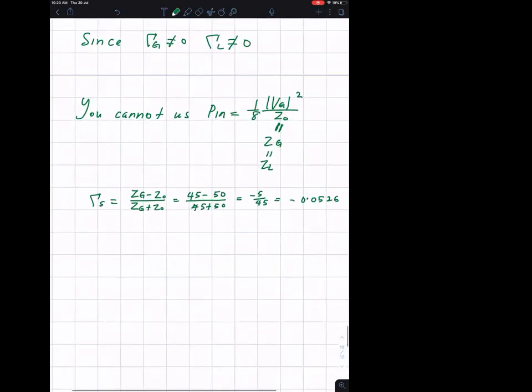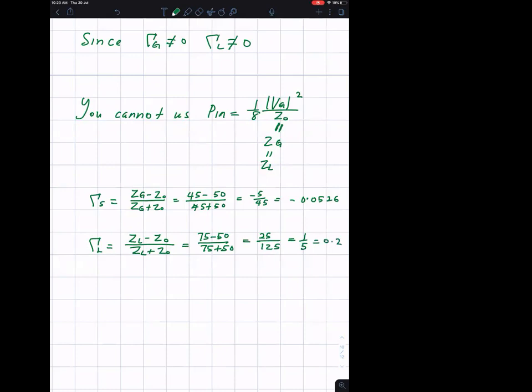Similarly, you can calculate the reflection coefficient at the load, which is ZL minus Z0 divided by ZL plus Z0, which equals 1/5, or 0.2.